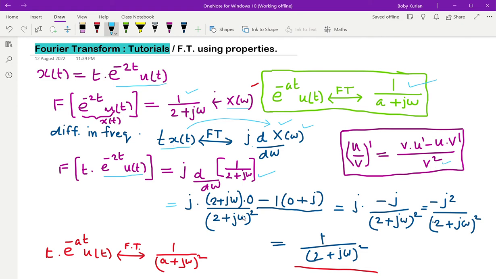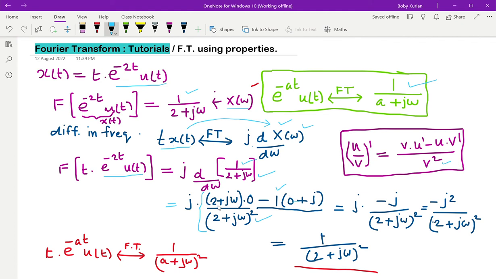So the j is kept outside, j into d by d omega. So denominator square, that is 2 plus j omega whole square. Then denominator into derivative of u, that is u dash, but the derivative of the numerator 1 is equal to 0, minus numerator into, that is 1 into the derivative of the denominator.